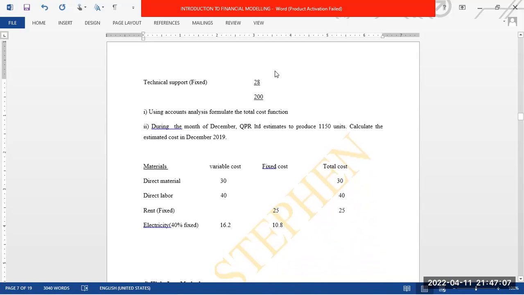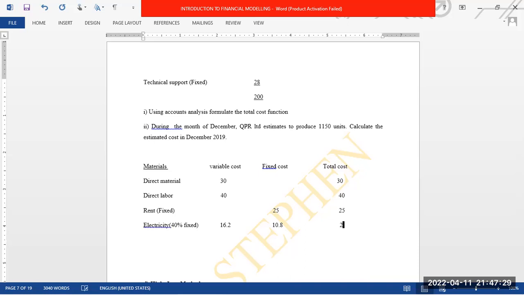But if you take 27,000 minus that answer, you're supposed to get 16,200, but we have shortened it as 16.2. So the total here should sum up to 27, and that is how we are supposed to be calculating our cost account analysis.